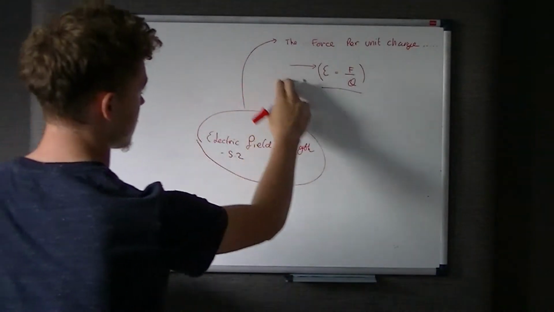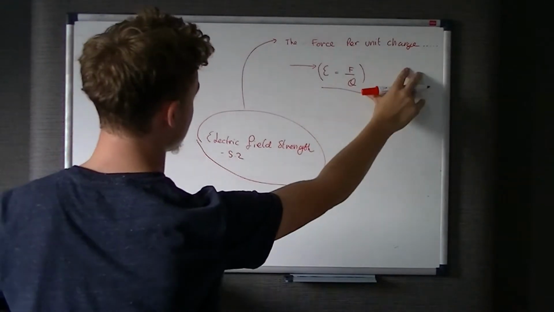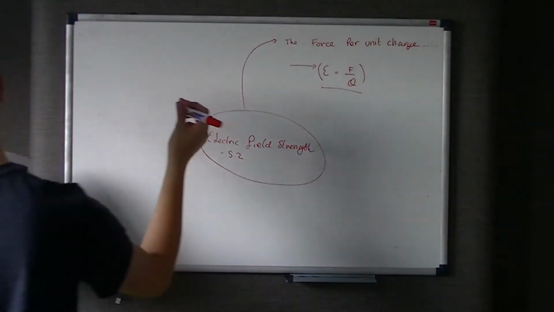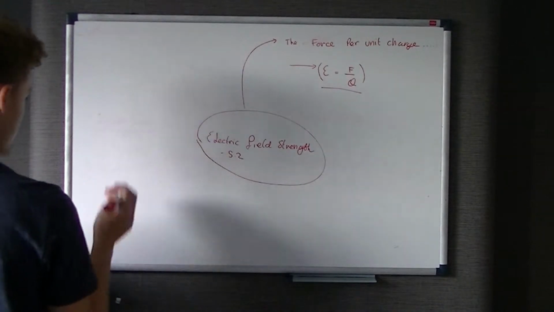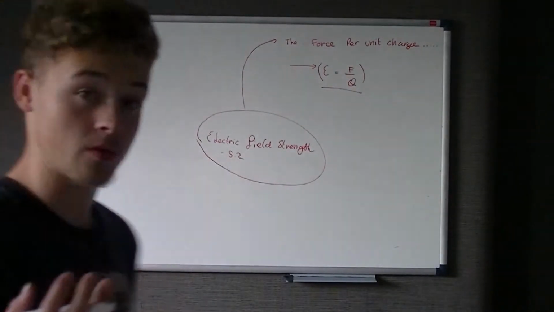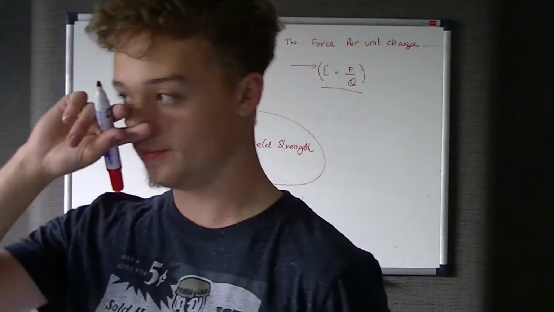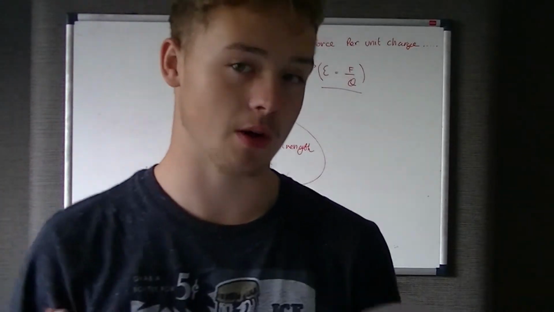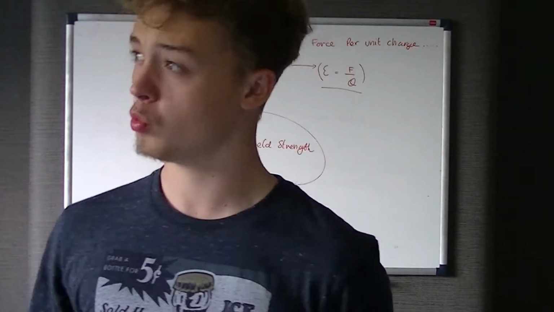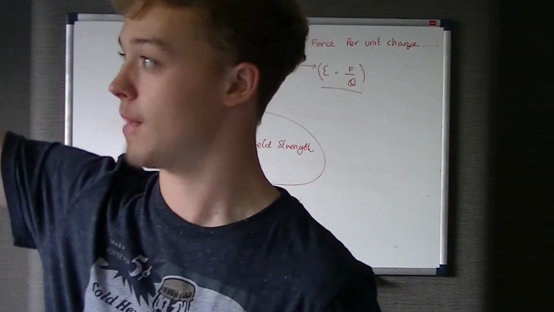Hopefully you've understood that the electric field strength is the force per unit charge, or force over charge. Now what you may see, sometime, is lightning striking the ground. What is that actually showing us? It's not just a magic light coming from the sky and hitting the ground.